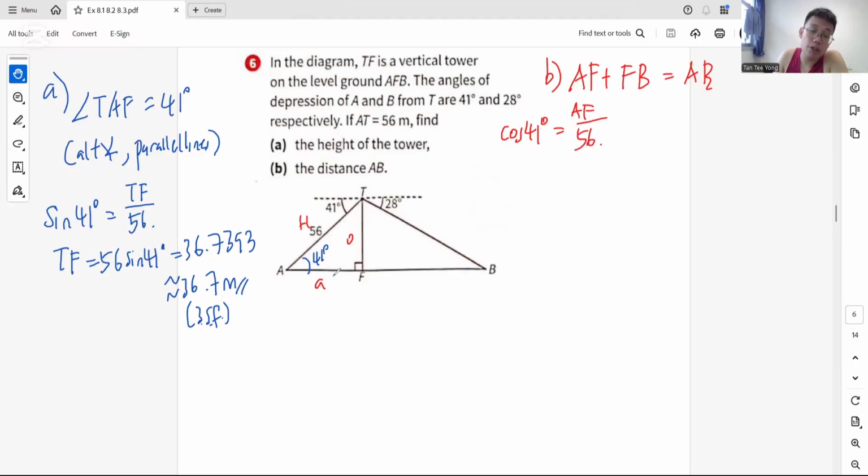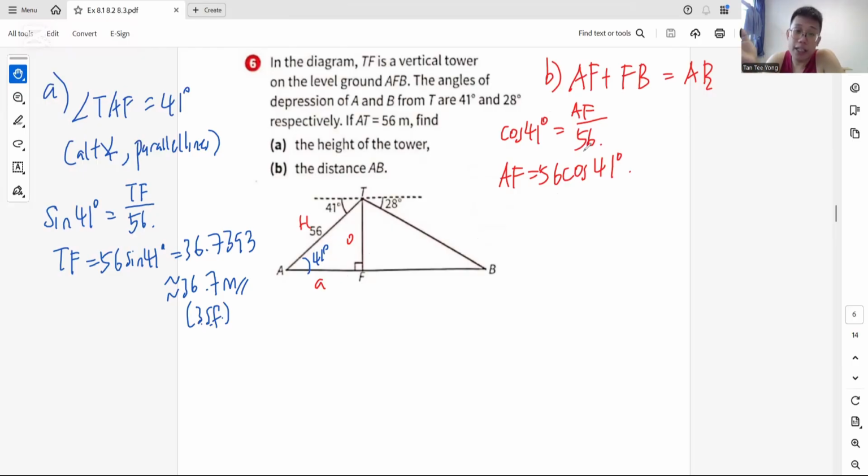Or if you want to use Pythagoras' theorem to find AF, that is also fine. So AF equals 56 cosine 41 degrees. I'm just going to leave it like that because later when I key in AF plus FB, I can key in this directly. So this is AF.